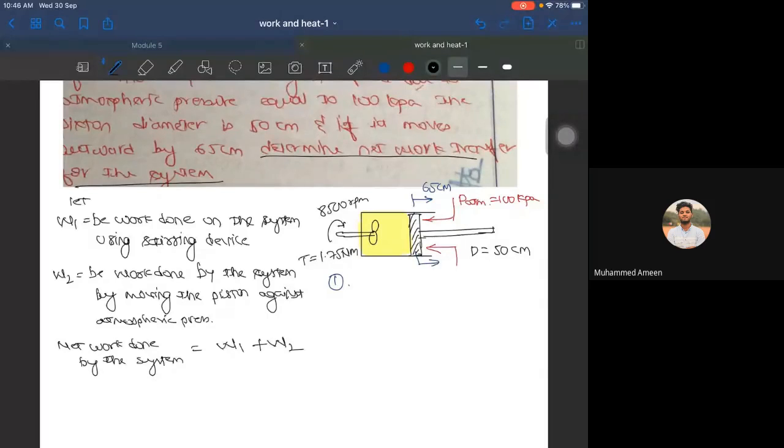Correct? So the summation of these two works is your net work done by the system. Now, according to you, without any calculations, can you say which one would be negative and which one would be positive? W1 would be positive or negative? W2 would be positive or negative, according to you?